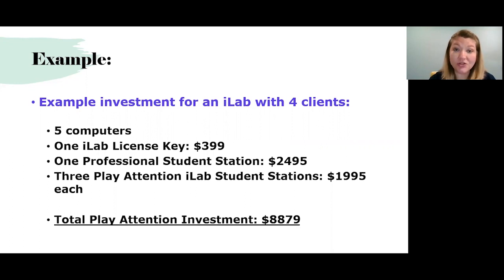You start with your professional student station. So that's one of our 4 systems we're talking about. That's the $2,495. And then each student station is the $1,995. So that is a total investment of $8,879. Now that doesn't mean you have to start at that level. Again, if you already have that pro system, you can start at $399 with 1 client.